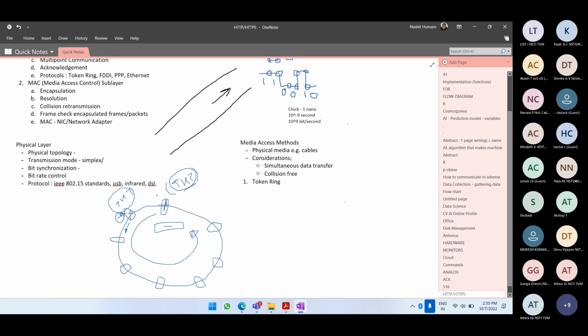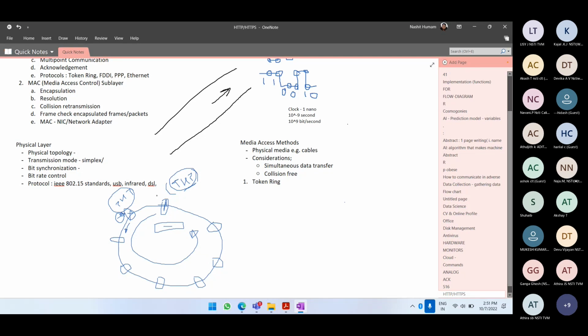So that is the benefit of token ring, that it makes the transmission completely collision free. Now, if two machines are transmitting data at the same time in a ring algorithm, it might get collided. So that is the benefit of my token ring algorithm.